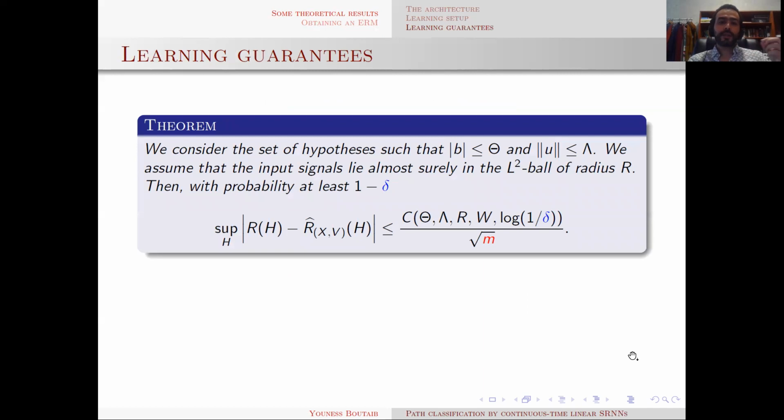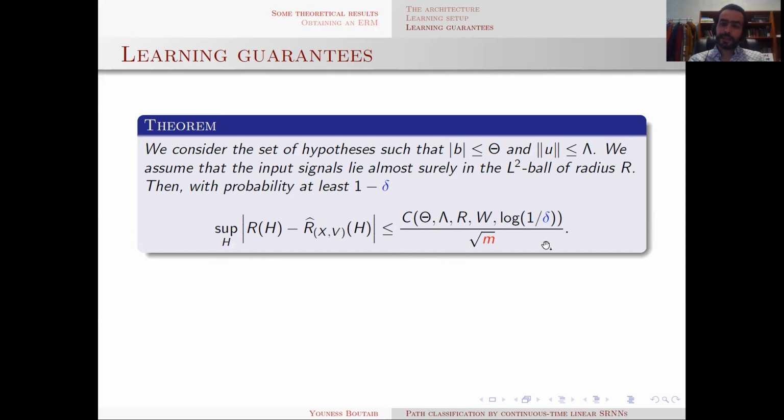So, which leads us to the first theorem of our project, which tells us that with high probability, the difference between the risk and the empirical risk, uniformly over the class of our hypotheses, decays like 1 over square root of m, which is the decay rate that you get with PAC approaches that use the Rademacher complexity.